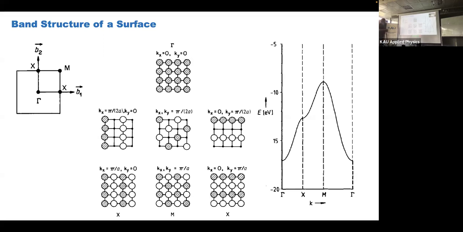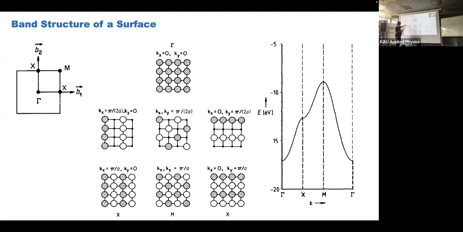So we can say that here in the gamma point, for our simple case, we have just one infinite chain, another infinite chain, and we made this square surface. So in the gamma point we have the lowest energy. Then we move to X. In the X point, what will we have? In the X point, one of these chains changes to the opposite.